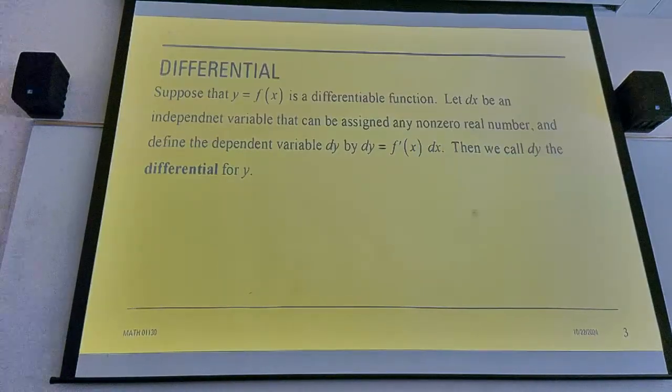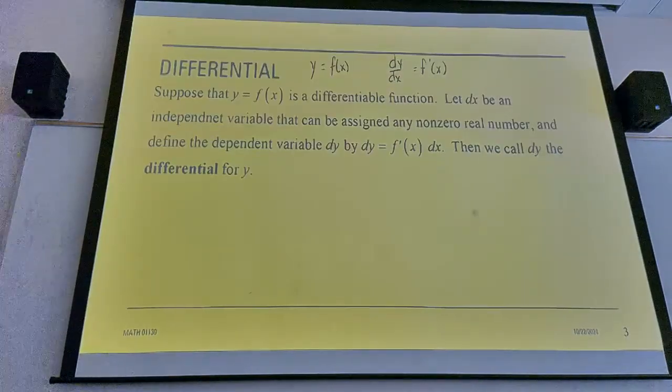Again, be careful. Right? If y is f of x, then dy/dx, the derivative of y with respect to x, is f prime of x, right? So it would seem that the differential is obtained by multiplying both sides by dx. Right? Because look how dy is defined.